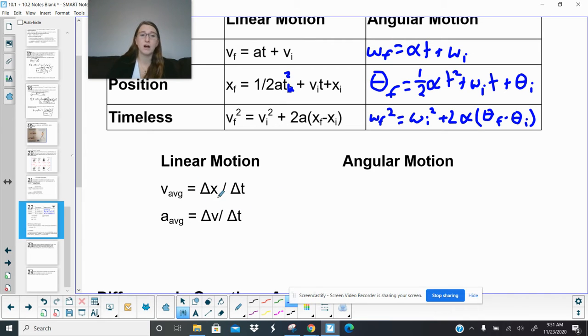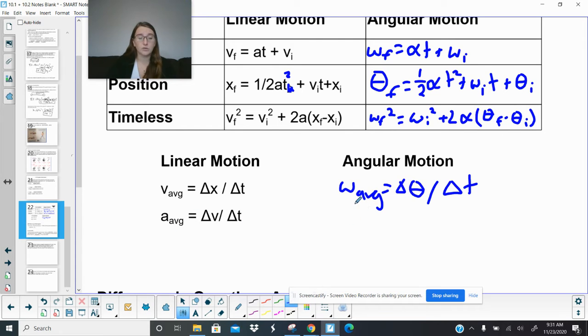We have the same thing with the averages. If we're talking about an average velocity over a certain amount of time or the average acceleration over a certain amount of time, same thing is going to happen where we have the angular velocity average is going to be what again is now our position variable, theta. Now we know this formula already because we actually already did this formula in lesson 1, I think, lesson 1 or 2.